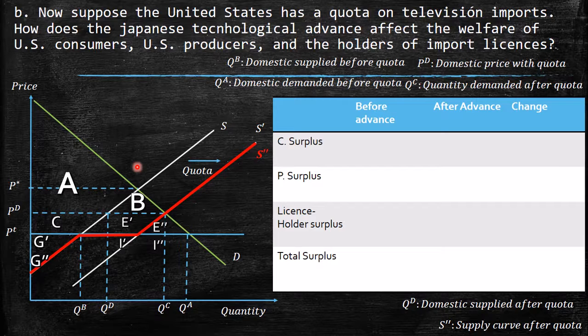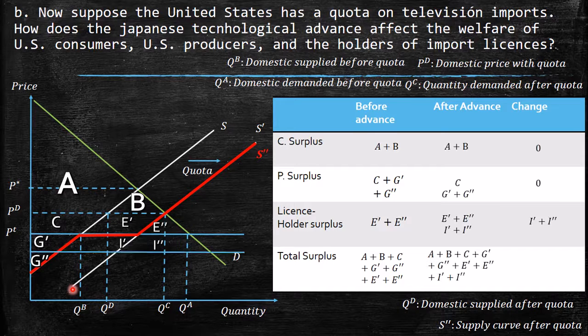This one, P star, was the no free trade condition, P star and Q star. So here we have P star with no free trade.